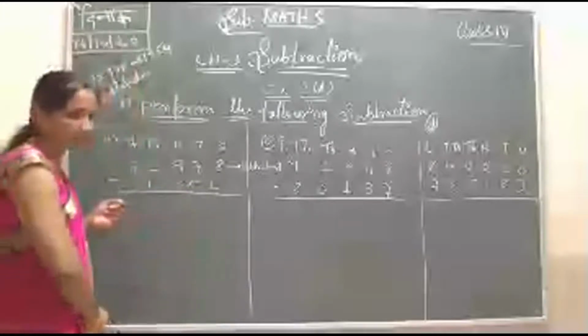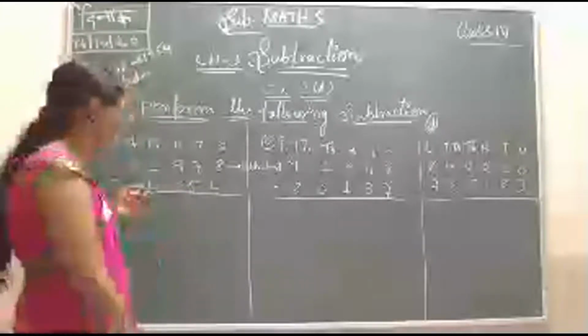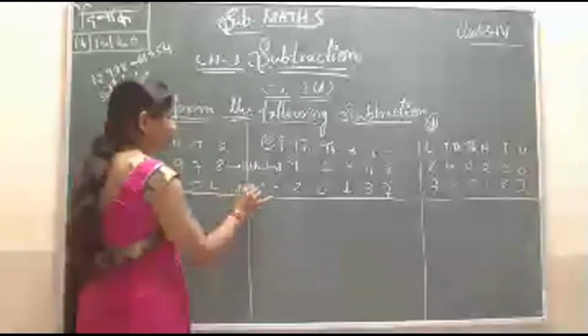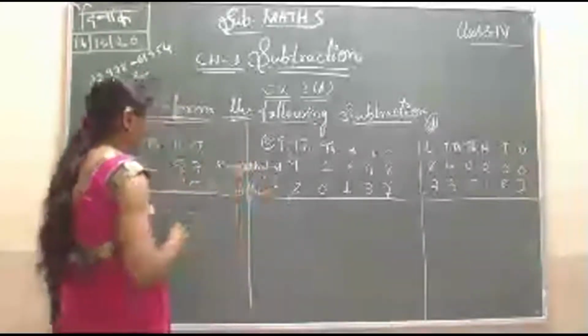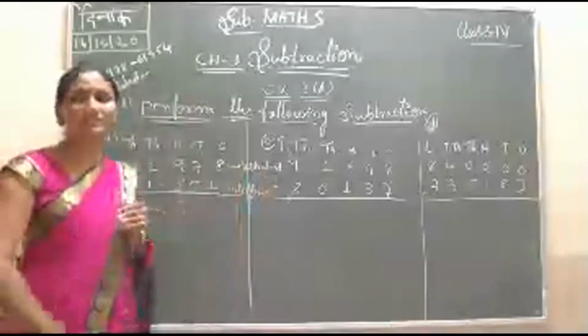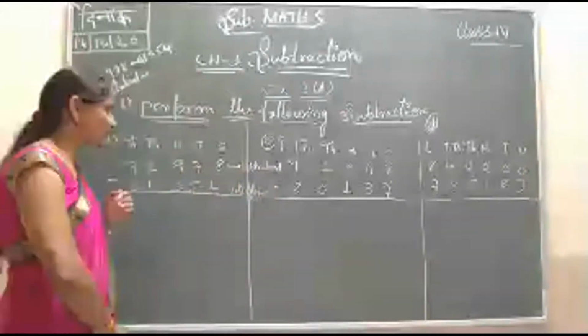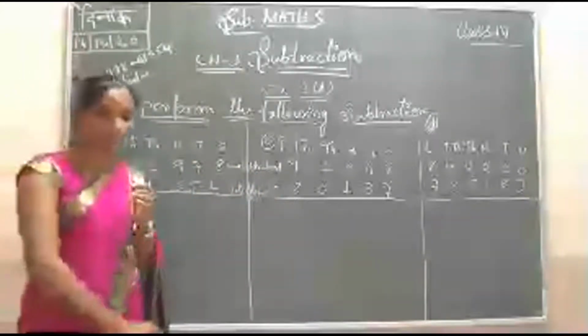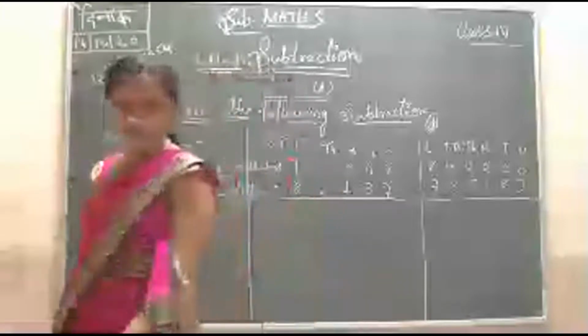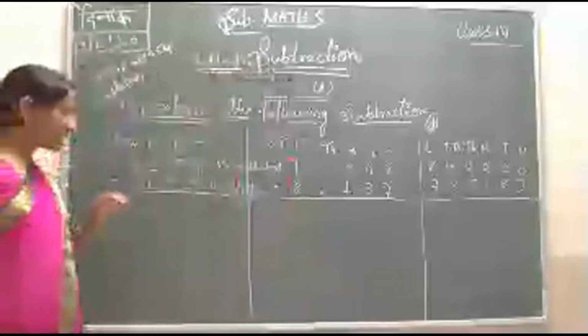This is the difference. How do you subtract both numbers to get the result, the answer? That is the minuend. Okay, can you observe, students?